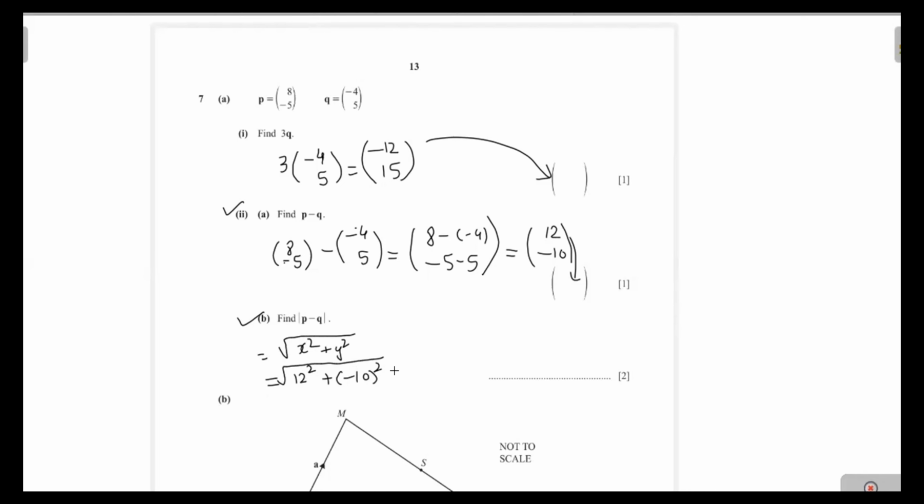And this will be equal to the square root of 144 plus 100, which is the square root of 244, and this is equal to 15.65. This is the answer.